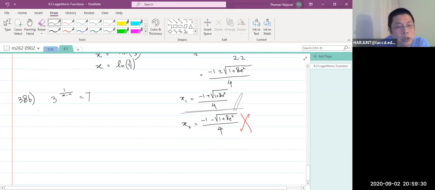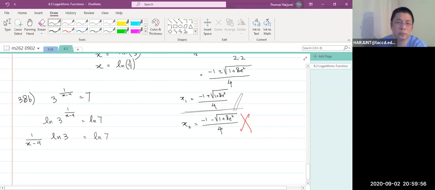We can use log base 3, log base 7, log base 10, or natural log. Let me apply natural log on both sides. That will give me 1 over (x minus 4) times ln 3 equals natural log of 7.